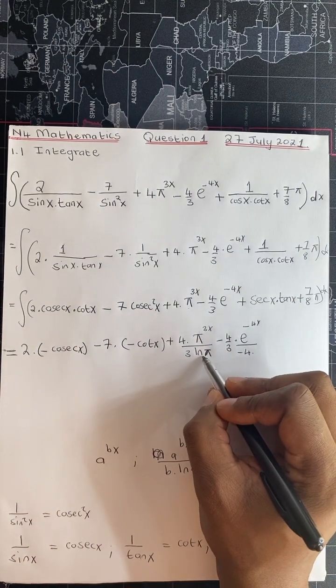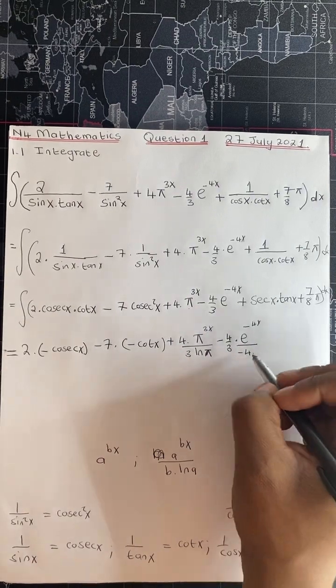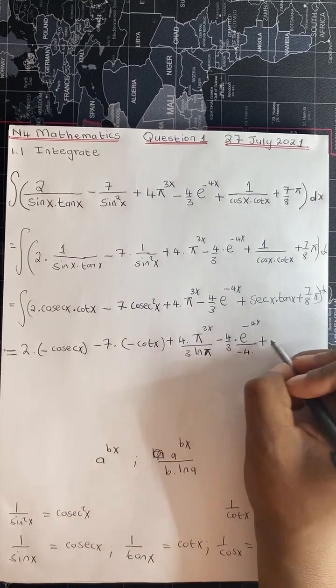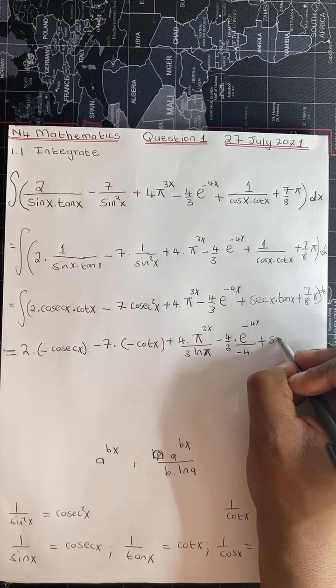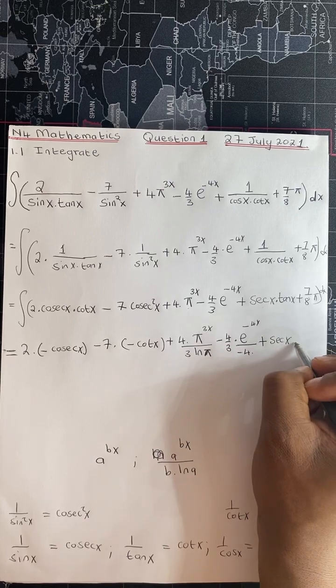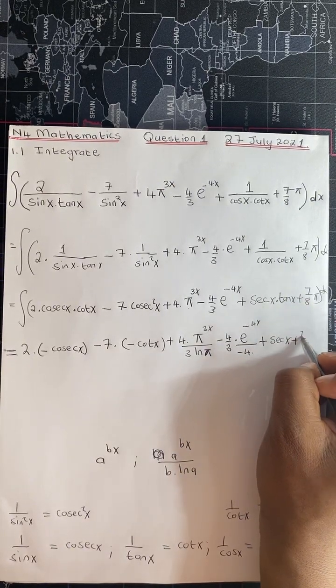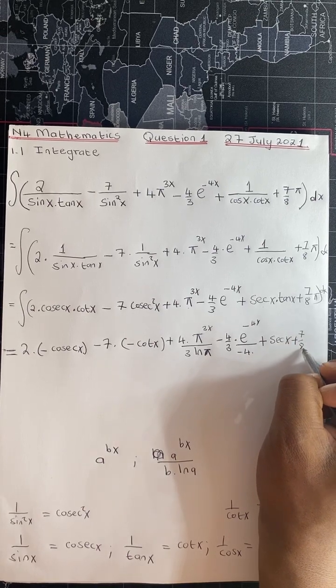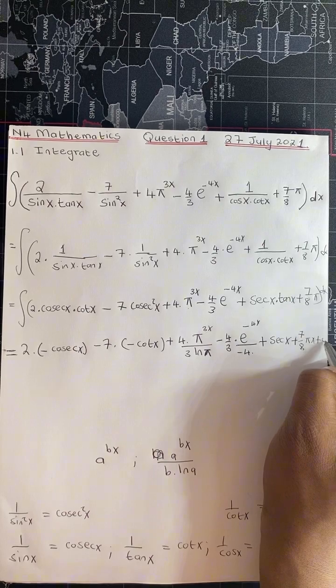So in this case we wrote ln pi, but here we will write ln e, but ln e is equal to 1, so there is no need for us to express it here, plus the integral of sec x tan x is equal to sec x, also available on the formula sheet, plus the integral of 7 over 8 pi is equal to 7 over 8 pi x plus c.